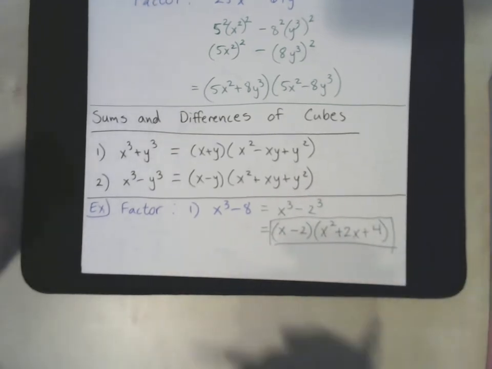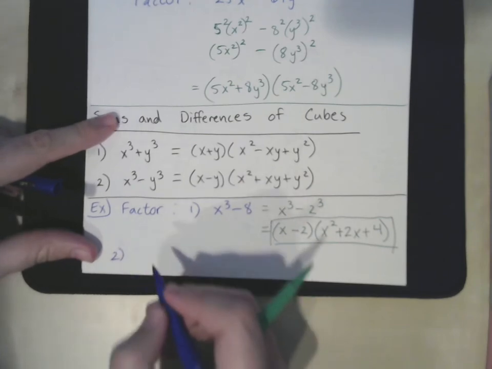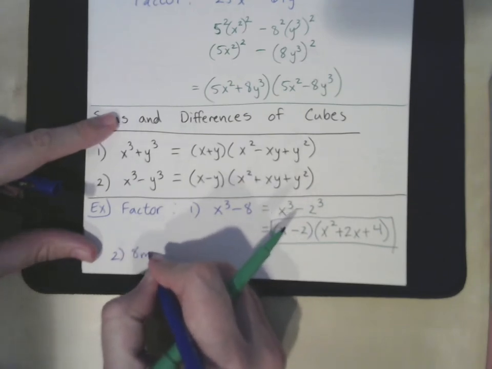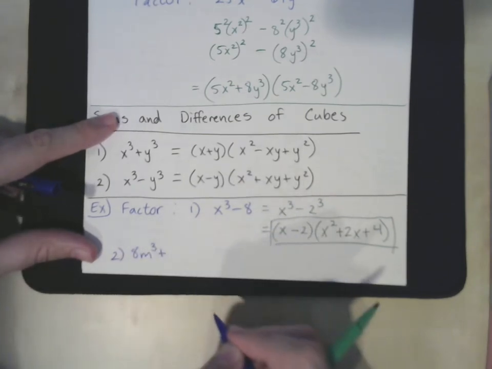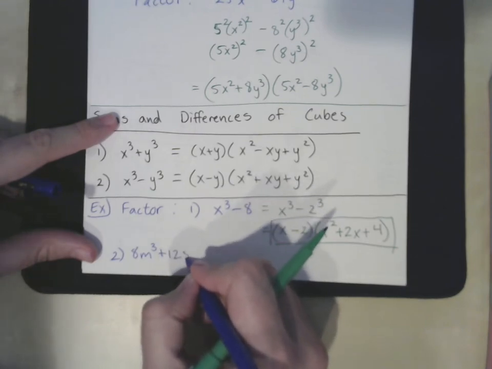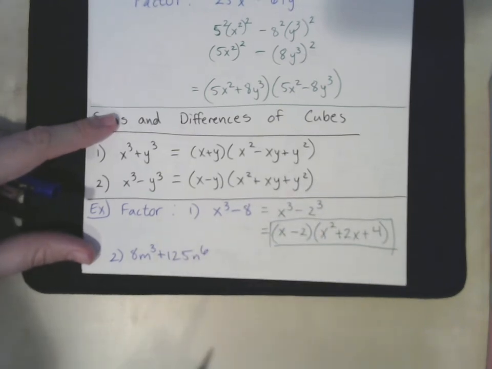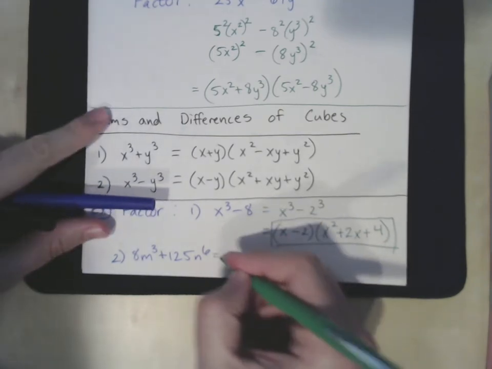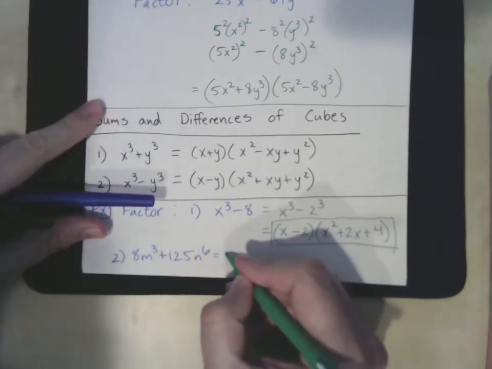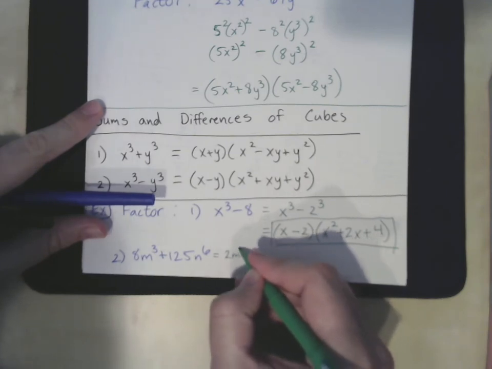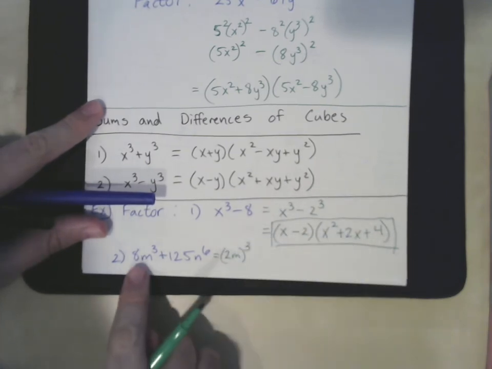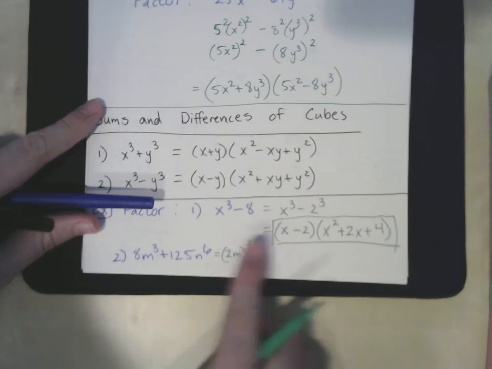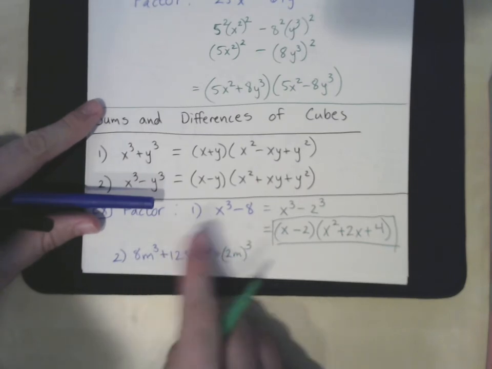And then number 2, we'll do 8m cubed plus 125n to the 6th. So again, it is the 2m quantity cubed, which is the perfect cube here. 2 cubed is 8, m to the 3rd is m cubed.